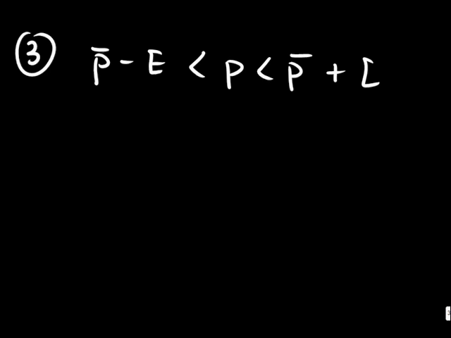Question 3. We are estimating a proportion, so we're going to use the proportion format. In this problem, there are 126 successes in the sample of 297.